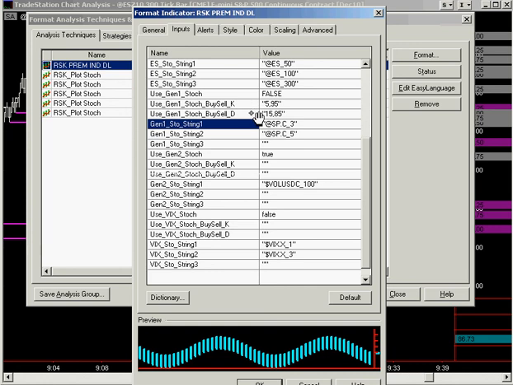And by overbought and oversold, I'm going to give it a definition. I want to know when slow K is below 5 and slow D is below 15 on both of these data feeds. And that's all I want to know. Or if it's overbought, 95 and 85.